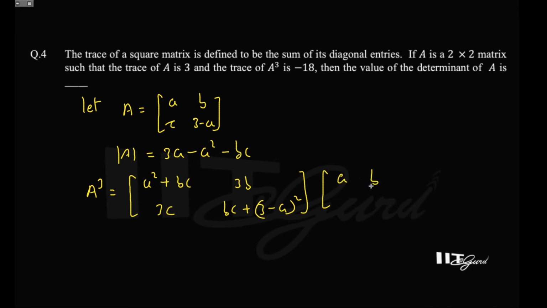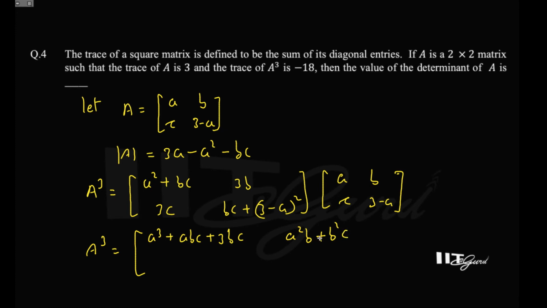So that is a, b, c, and here you can write 3 minus a in this matrix. So finally A cube will be written by multiplying this row into this column, corresponding elements: a cube plus abc plus 3bc, and here a square b plus b square c.